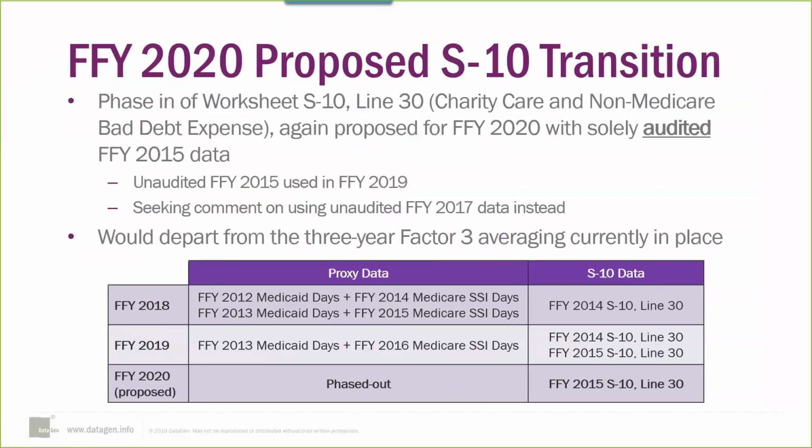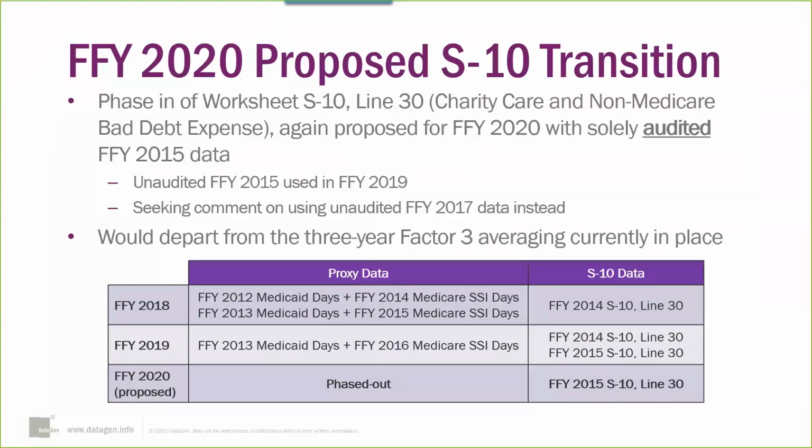CMS is also proposing, well, less proposing, they're seeking comments on whether they should instead use fiscal year 2017 data. A large piece of why they were proposing to use this audited 15 data is, well, that it is audited, so you think you can trust it a little more.